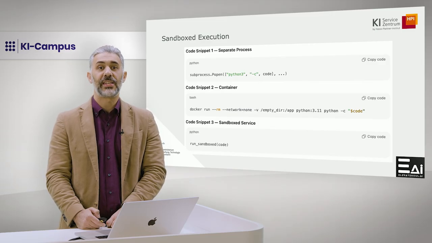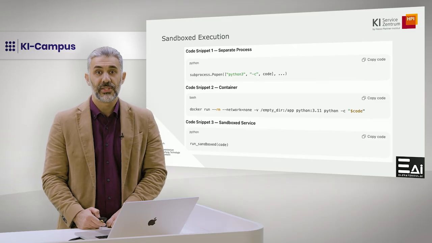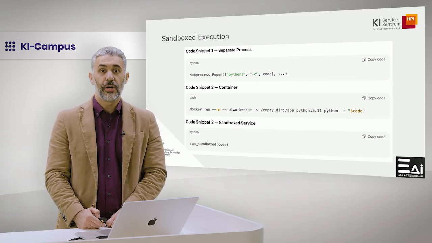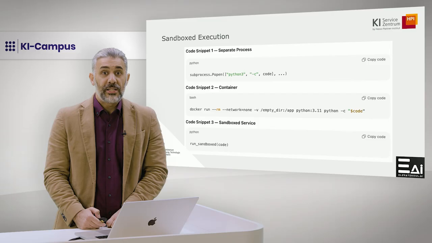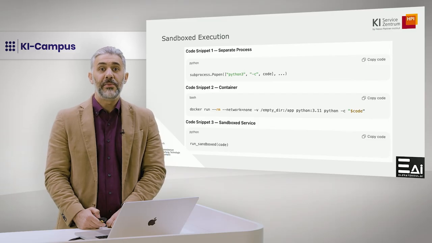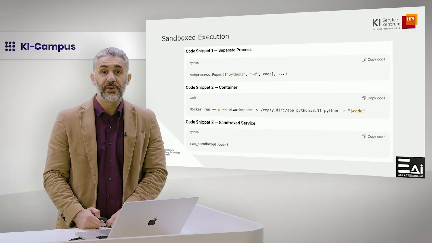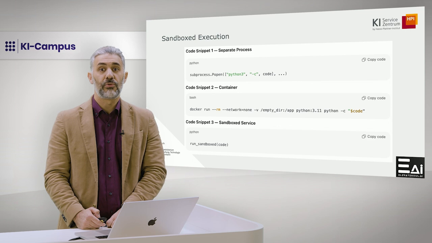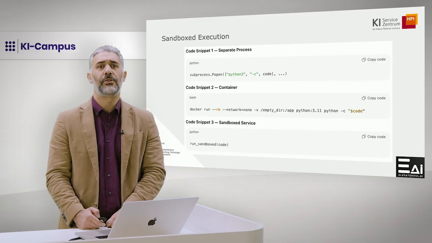A sandbox can block file system access, block the network, restrict available libraries, limit CPU and memory, and stop execution automatically if it runs too long. This way, we get the benefits of code execution without exposing the system to unnecessary risk.